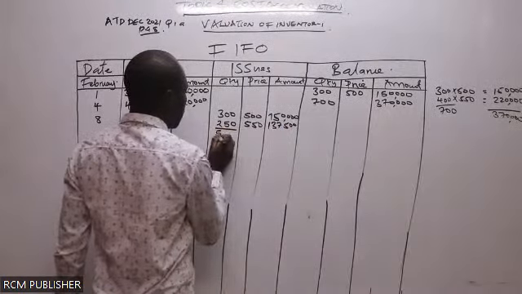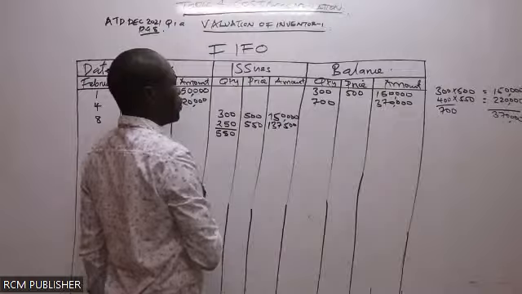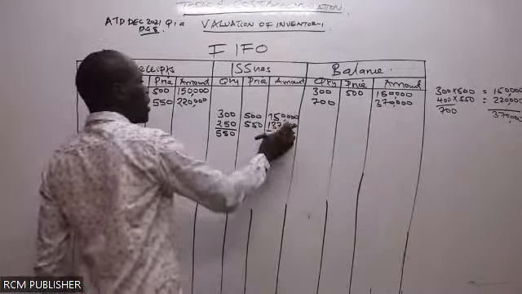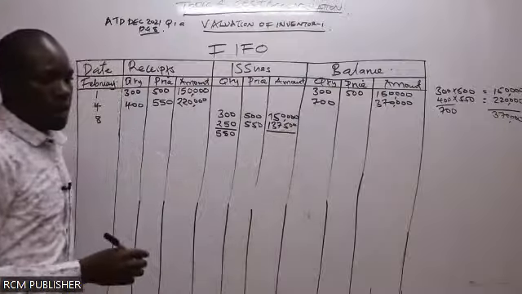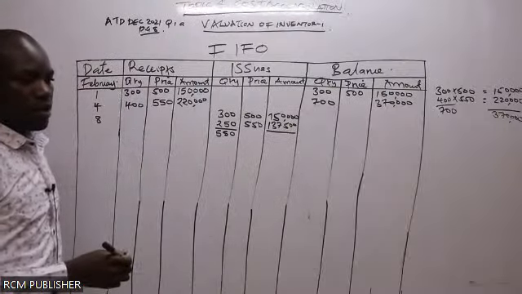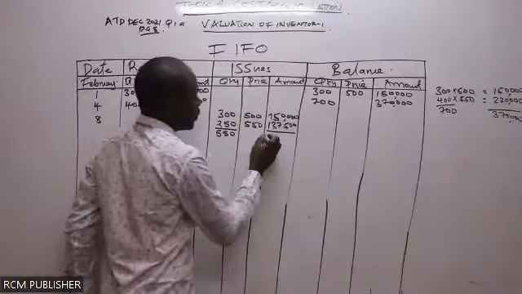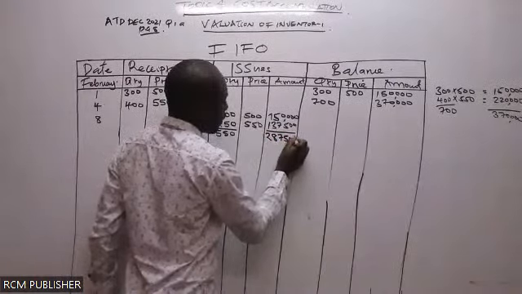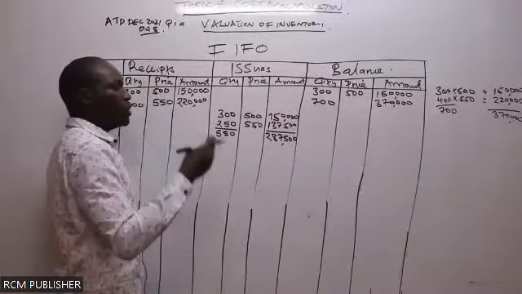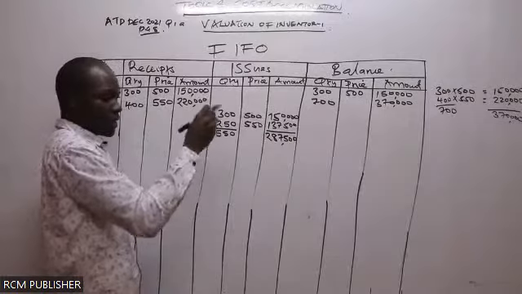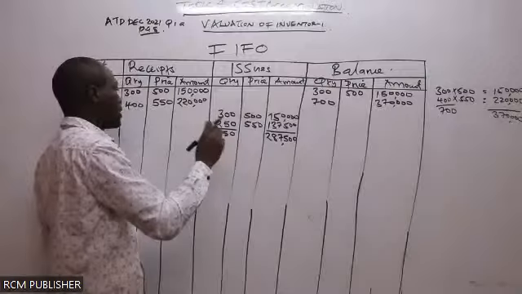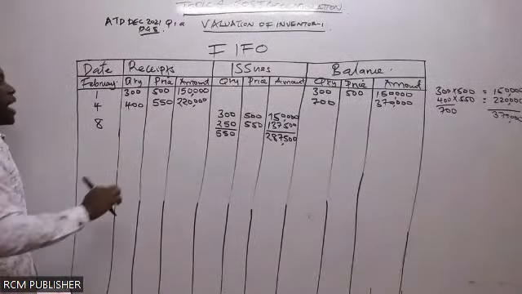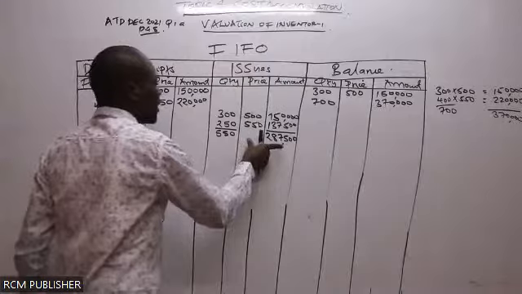I'm now taking away the 550, which I've been told about. And then in terms of value, how much am I taking away? 287,500. That's what I'm taking away. So for me to get the balance as at this date here, the 8th, I'm going to deal with these goods that have been taken out.